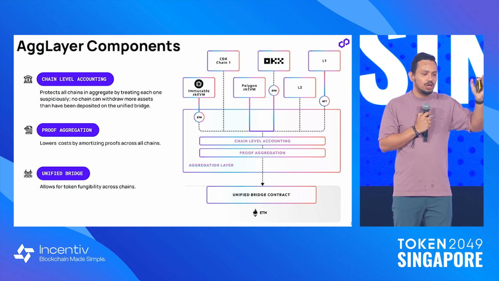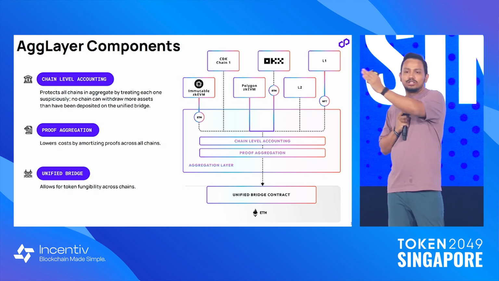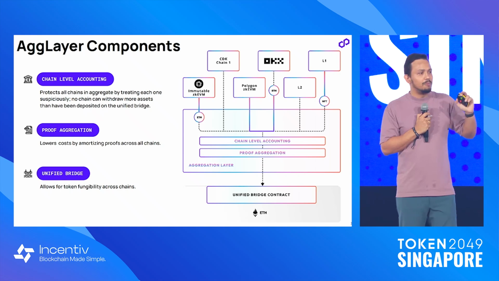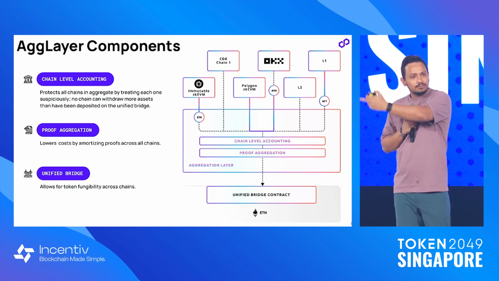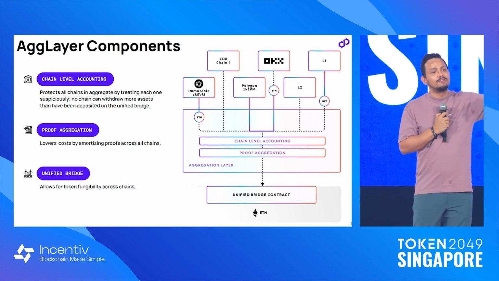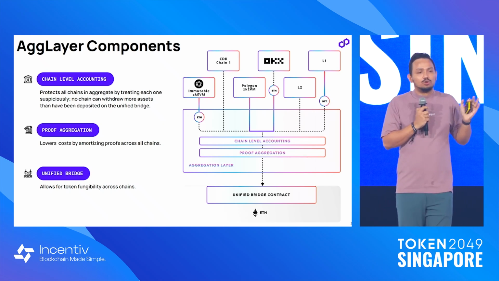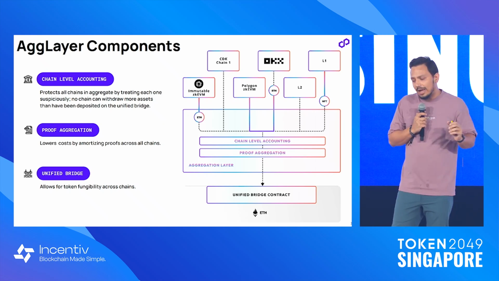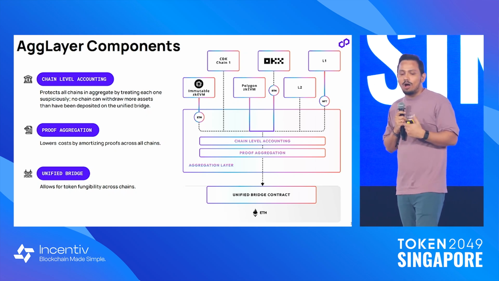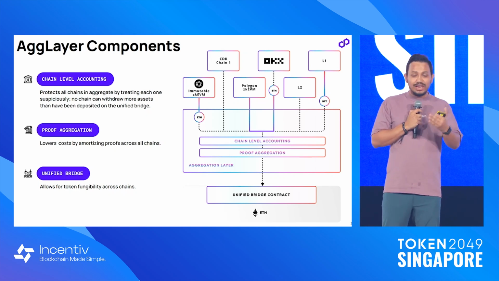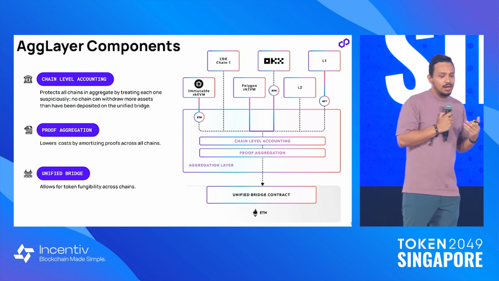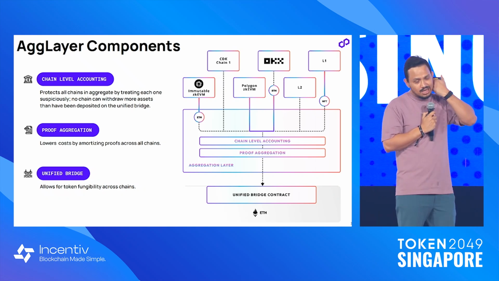You want that user to buy an NFT on chain B. The user will be able to do it with one single click. It goes to the other chain, buys the NFT, brings the NFT back into chain A. The user will not even see it, right? And the experience will be very similar to how you are used to experiencing current Web2 applications. So chain level accounting is a very important factor of that. Proof aggregation is a very important factor of that.